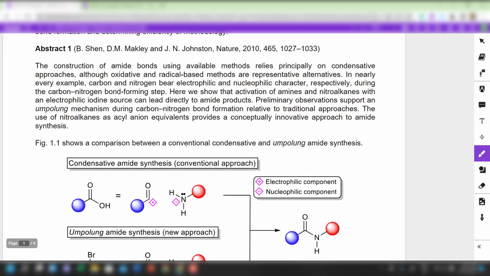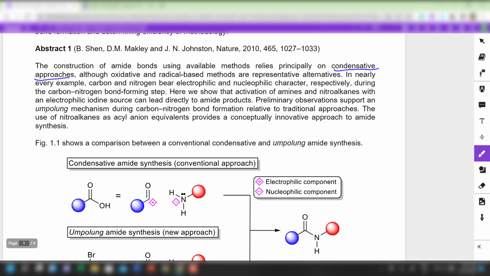Okay, so for this particular assessment, you have the first abstract. You were told that the construction of amide bonds using available material relies principally on a condensative approach. This is a term which you might not have seen before, but if you just look at the English term, it probably means that a small molecule is being released.